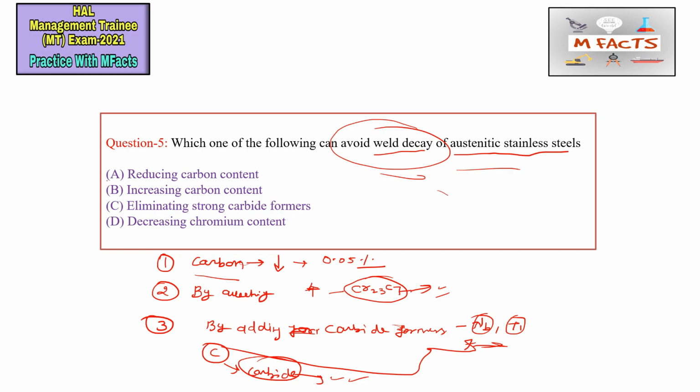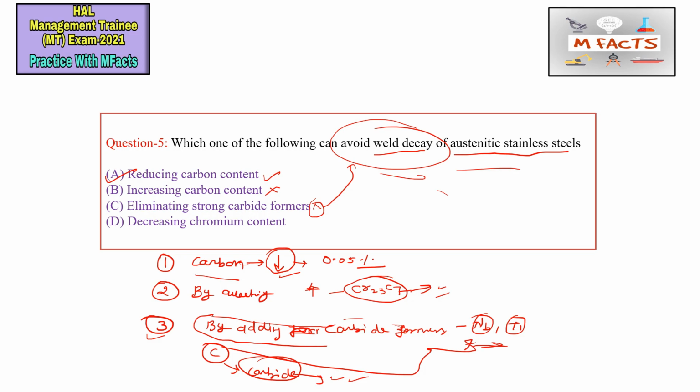Now we will see the options. Reducing the carbon content: this option is correct, as reducing the carbon content can avoid weld decay, as we already saw. Increasing the carbon content doesn't make any sense, because reducing is already correct. Eliminating strong carbide formers: we cannot eliminate them to avoid weld decay, because in the third way we said that adding carbide formers prevents it.